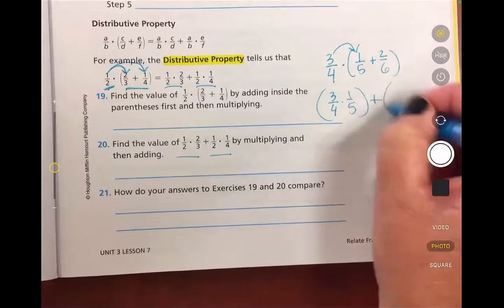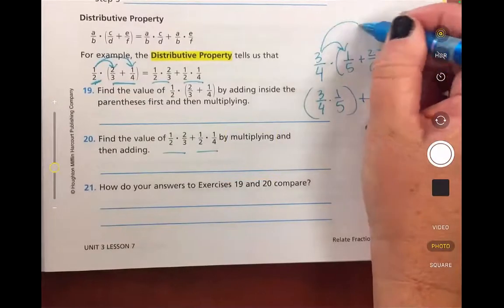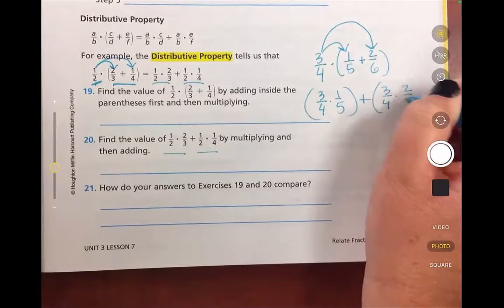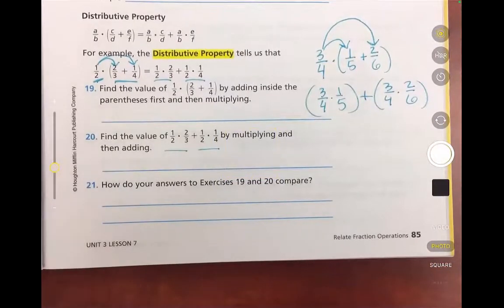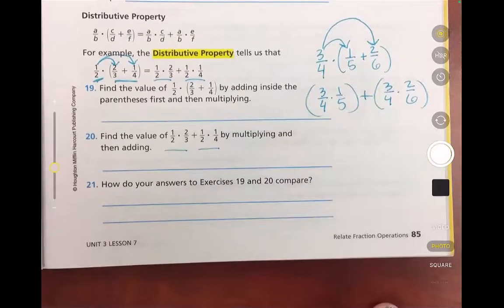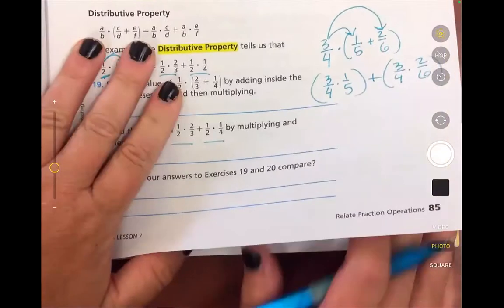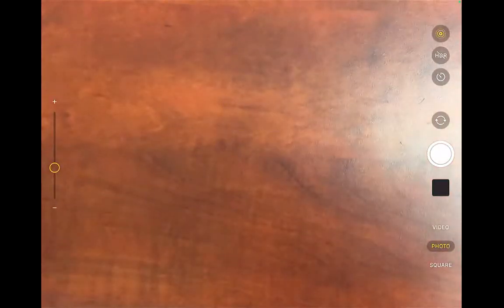And you don't need these parentheses, but I kind of like to have them. And then I'm going to multiply that 3/4 times my 2/6 also. 3/4 times 2/6. And then once I get my multiplying answers, I would add. Okay. Just a review on there. Don't worry too much about those right now. Just looking at how the properties that we use for addition also work for multiplication.